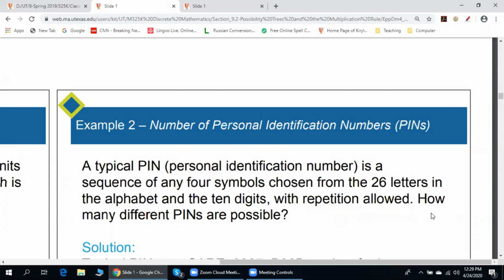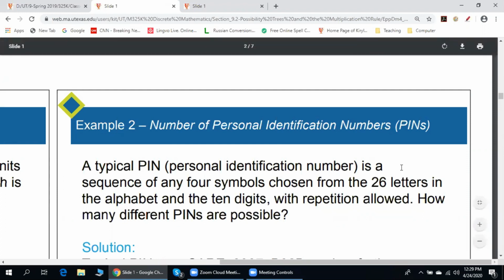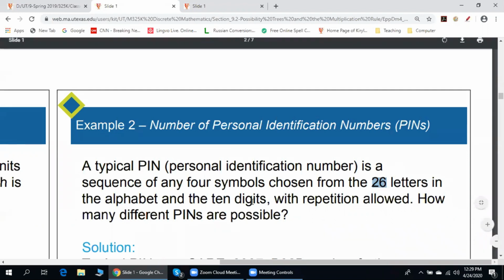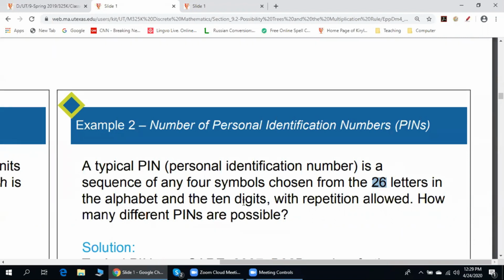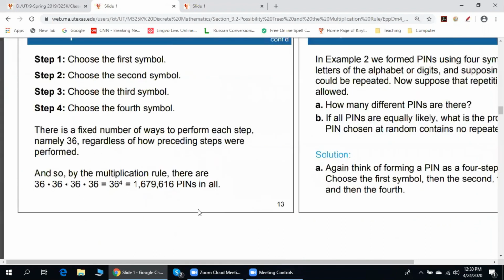Would it be 36 to the 4th power? 36 to the 4th power, because we have 26 letters and 10 digits. 26 plus 10 is 36. And our pin consists of 4 symbols. So it's 36 times 36 times 36 times 36, which is 36 to the 4th power. So it's exactly what is written here.